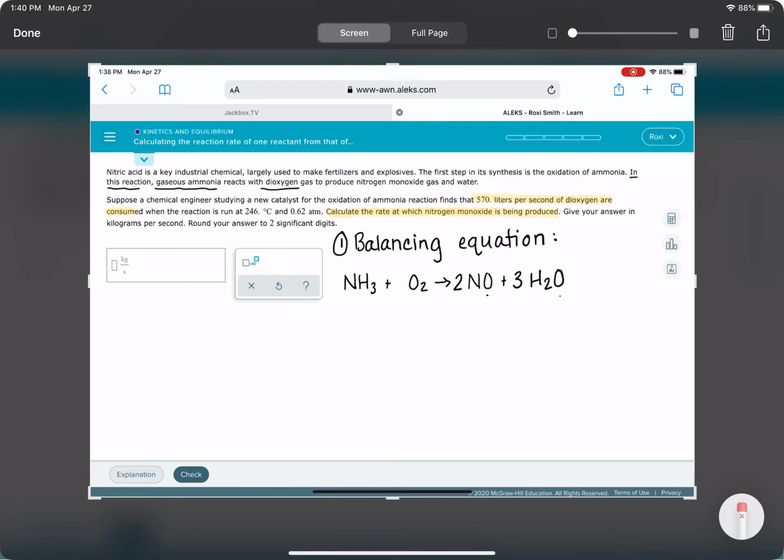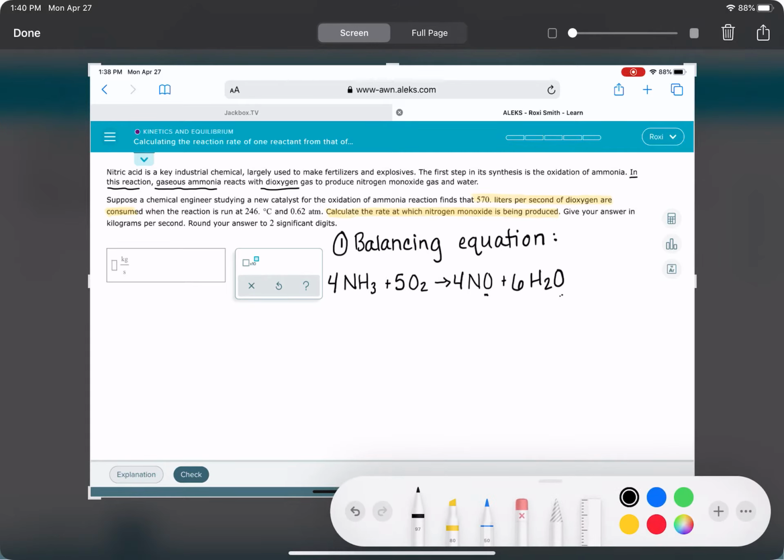So that means that I want to double everything. Now I have 10 oxygen on the left, so that means I need 5 O2. So now I have my equation balanced.